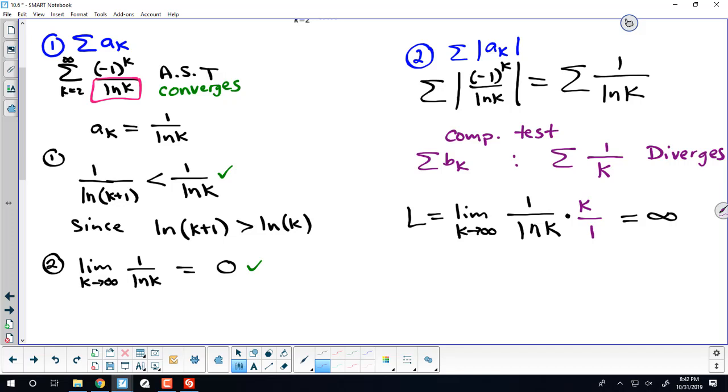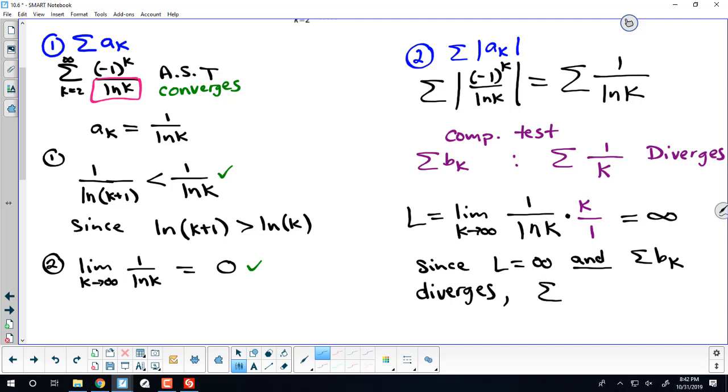So then we can conclude by the limit comparison test that 1 over ln k diverges as well. So since the limit is infinite and the chosen series diverges, the series 1 over ln k diverges as well.